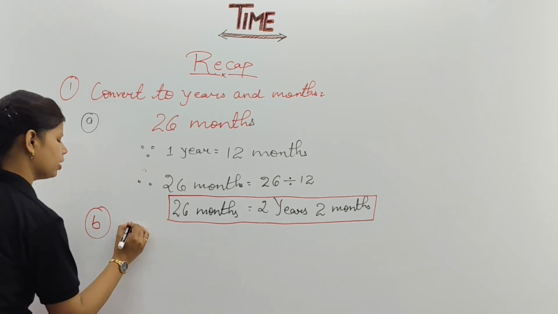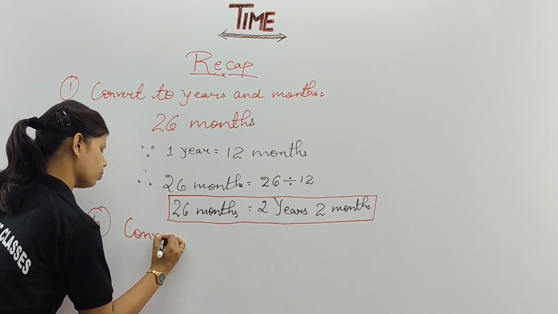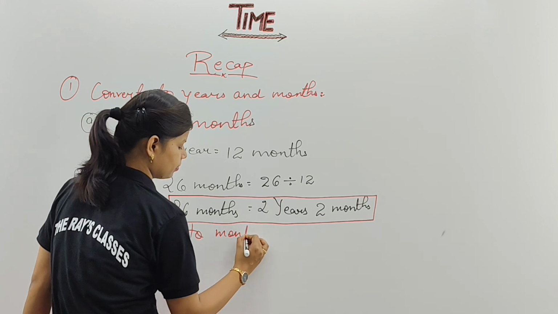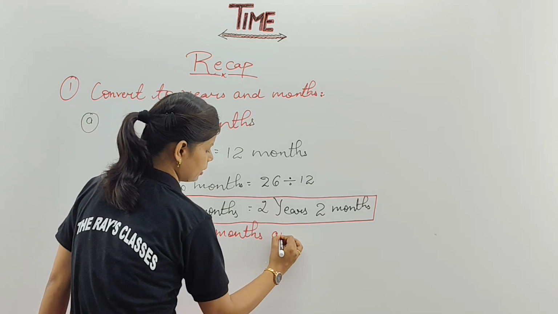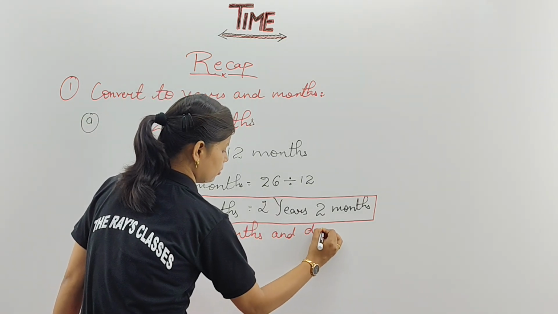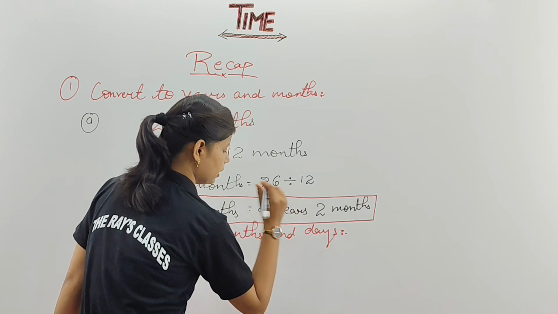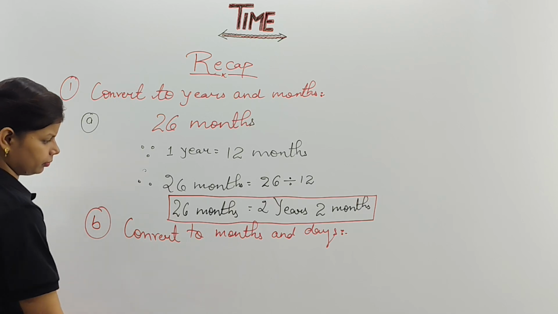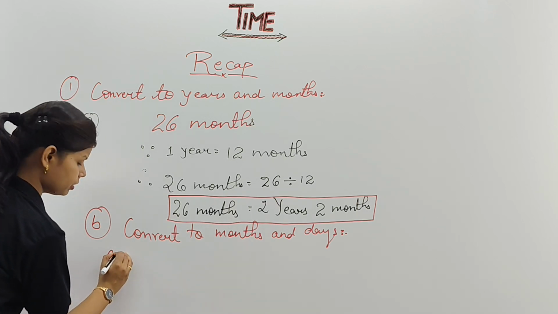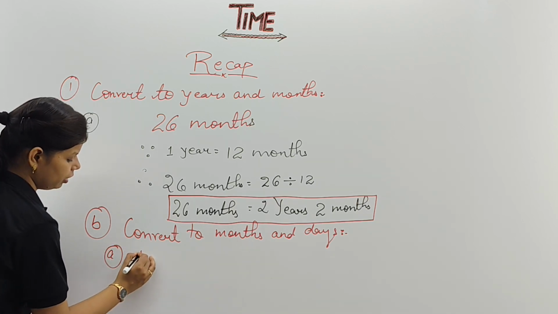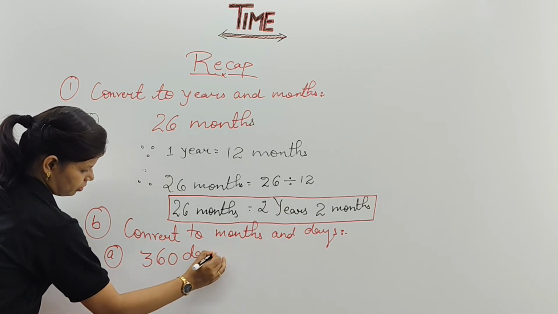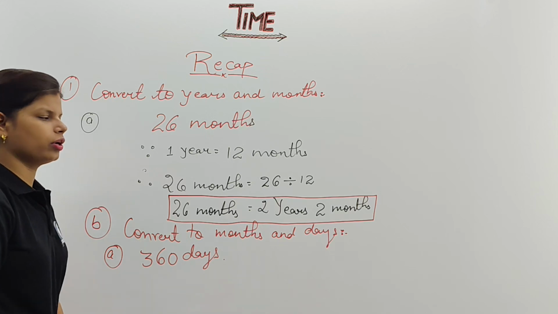If the question says convert to months and days, the first one is 360 days. Now days are given, you have to convert into what?